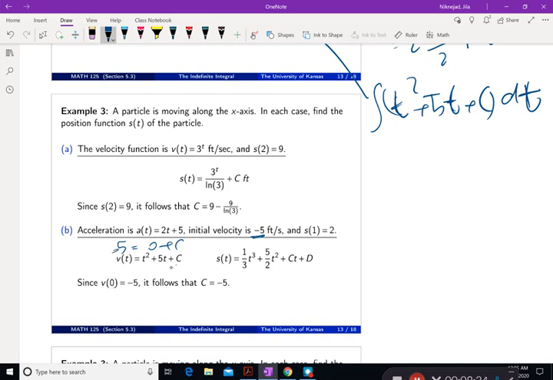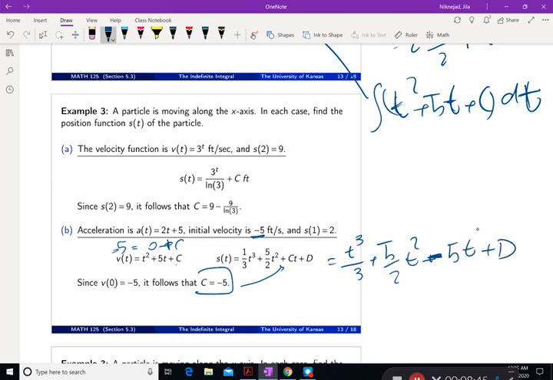Negative 5 equal to c, so c is equal to negative 5. Now plug it back into here to get t to the power 3 divided by 3 plus 5 half t squared minus 5t plus d.